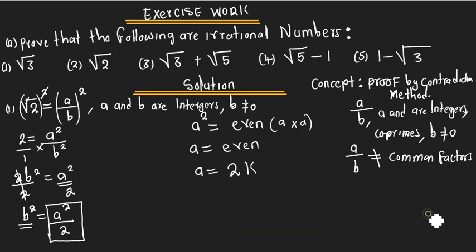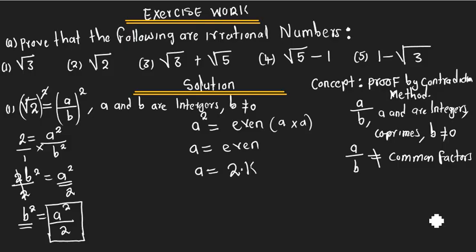So, if a is an even number, then definitely we know that a is divisible by 2. Henceforth, we can say that a is equal to 2 multiplied by some other number, for which we can use k.